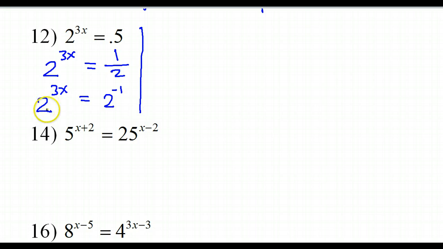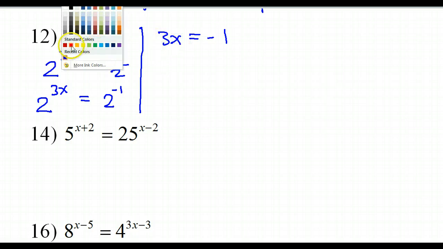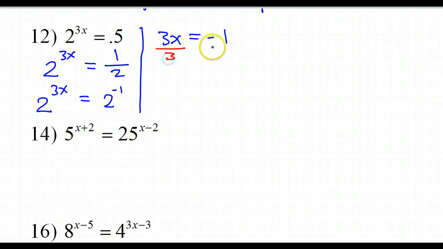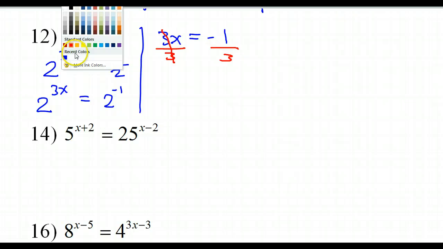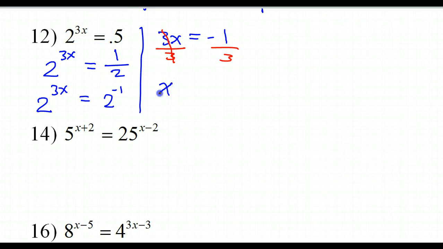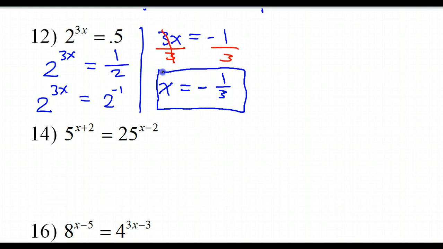Once again, if the bases are the same, the exponents are the same. That means I can set them equal to each other like this. Got to get that x by itself, got to get rid of the 3. So divide both sides by 3. Go ahead and just leave this as a fraction. Do not make a decimal. So that's going to give me x equals negative 1/3. So that is how you do number 12.